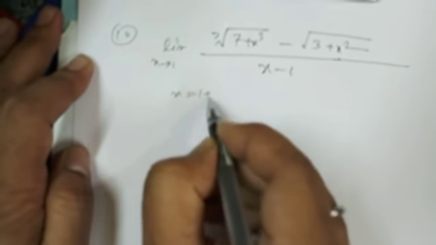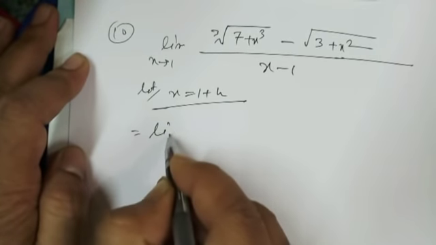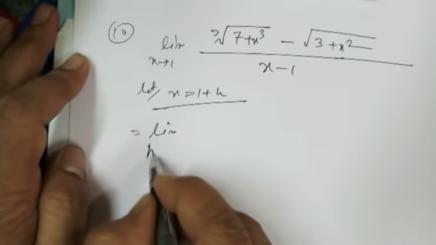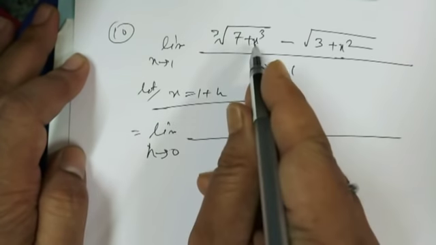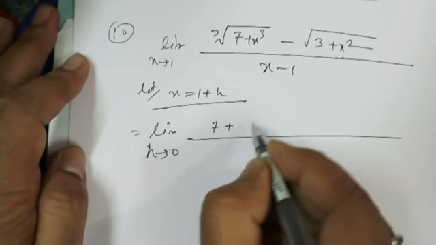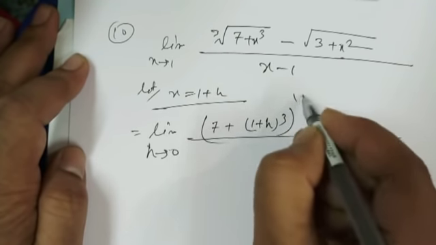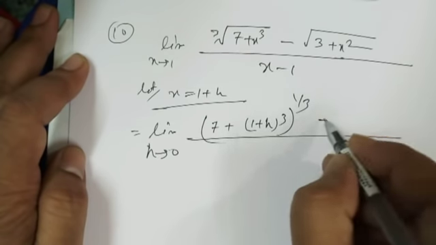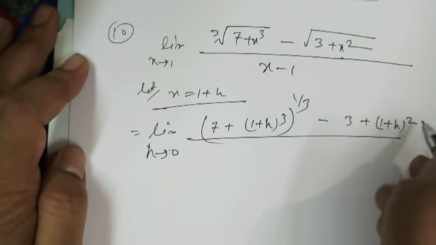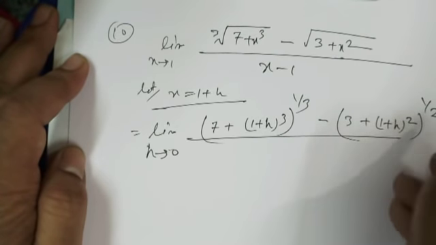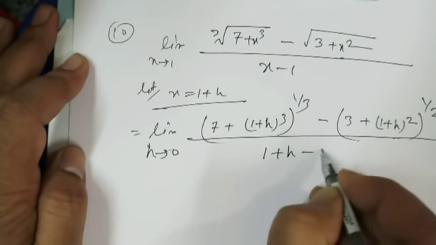Let x equal 1 plus h. So the limit x tends to 1 will be converted to h tends to 0, and this is (7 plus (1 plus h) whole cube) whole to the power 1/3, minus (3 plus (1 plus h) whole square) whole to the power half, upon 1 plus h minus 1.